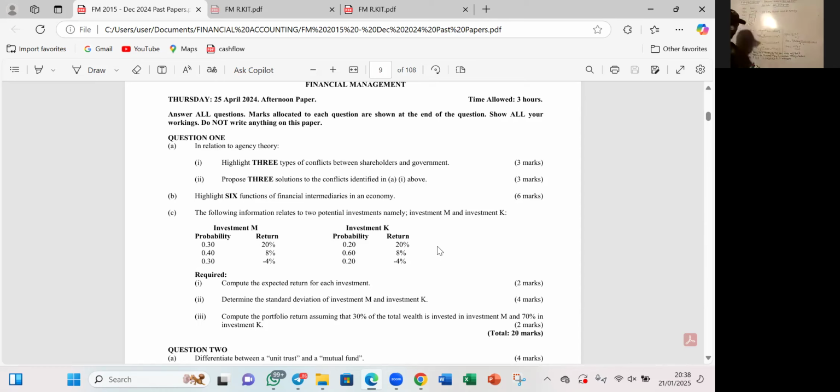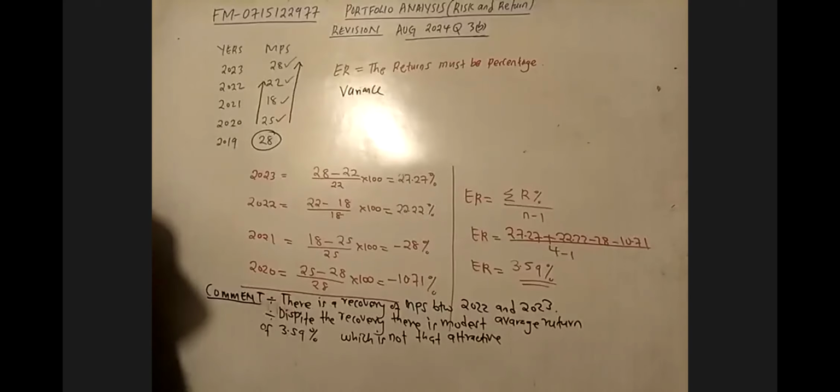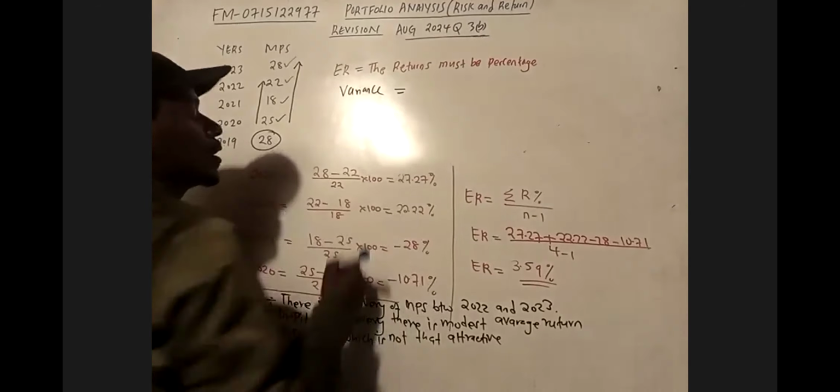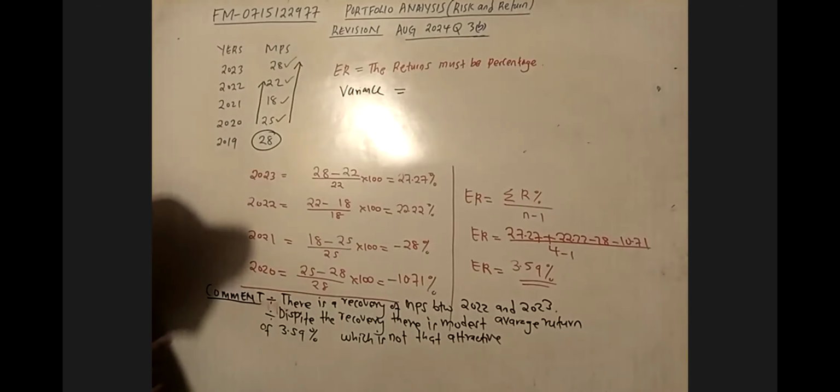So remember, for you to compute standard deviation, you need to first compute variance. Before you compute standard deviation, you compute variance. So let me stop sharing first. So for you to compute variance, for example, you're doing this one, how do you get the variance?